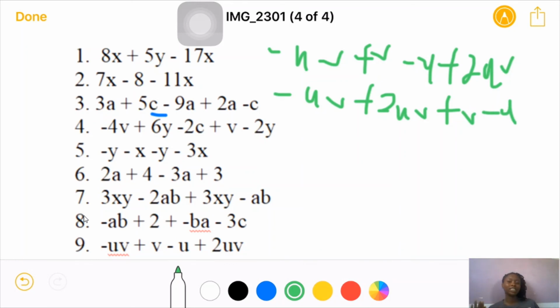UV and V are different, and UV and U are different. So I'm owing 1 and I'm going to pay 2. So I have positive 1 left for myself.